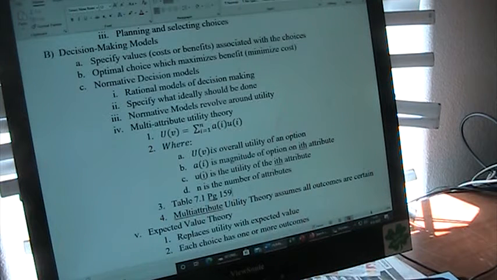Well, that is definitely a way of choosing, and it's a very rational method. It's not just, I feel like I should do such and such.